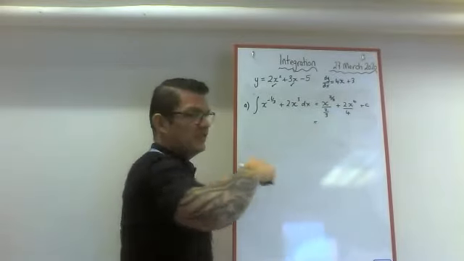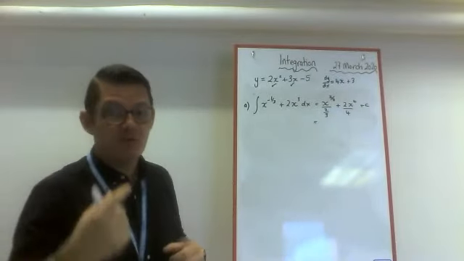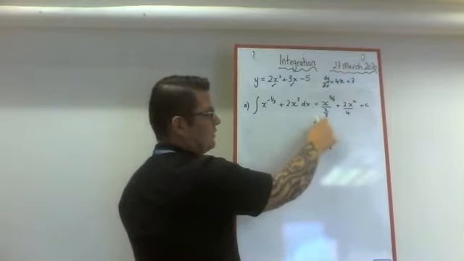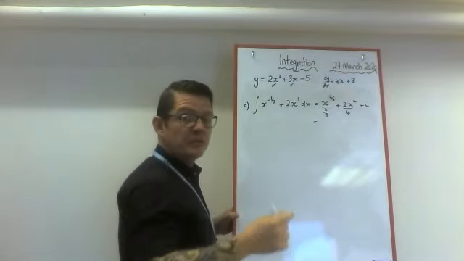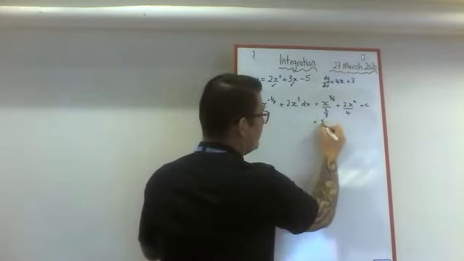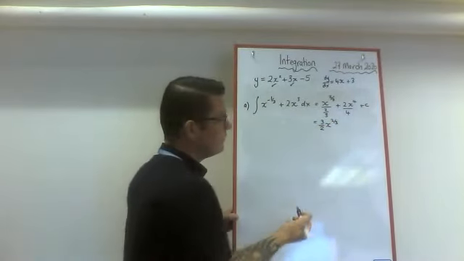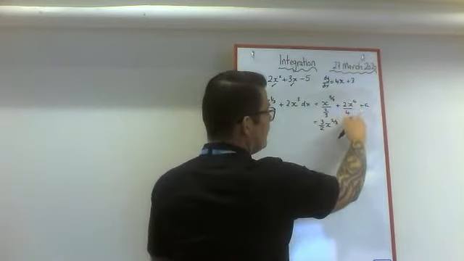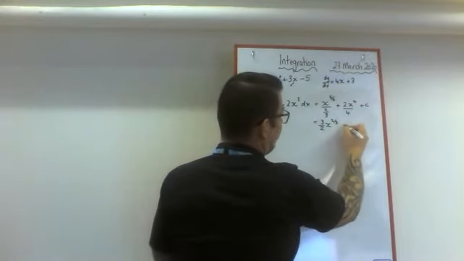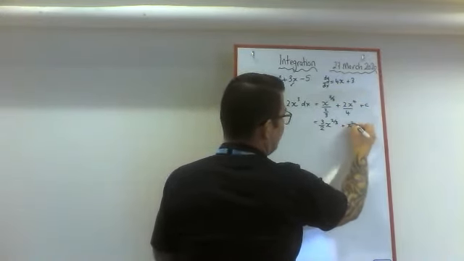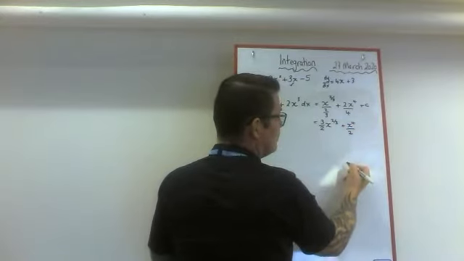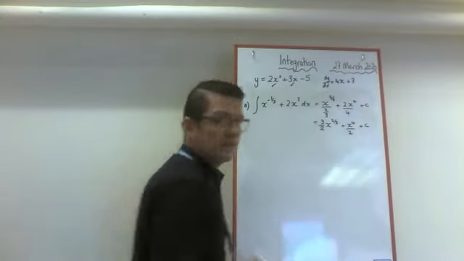Dividing by a fraction is the same as timesing by a fraction flipped. We're dividing by 2/3, so that's the same as multiplying by 3 over 2. So we get 3 over 2 x to the 2/3. 2 over 4. Well, the 2 and the 4 cancels, and we get x to the 4 over 2. And then we add c.